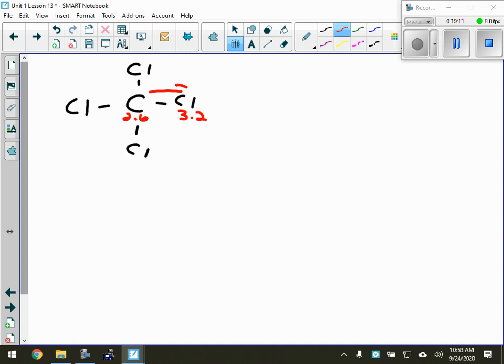So we're going to get a pull this way, and this way, and this way, and this way, right? 3.2, 3.2, 3.2, and of course they're all 0.6, 0.6, 0.6, 0.6. Symmetrical, they're going to cancel each other out, right? Does that make sense? Okay. Good.